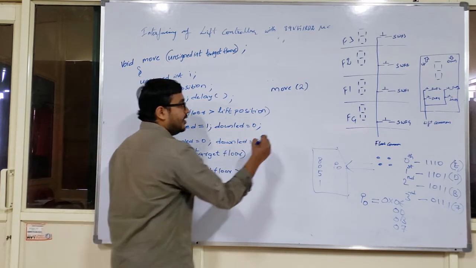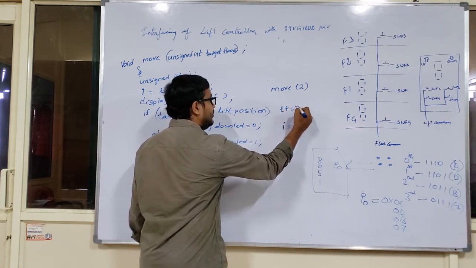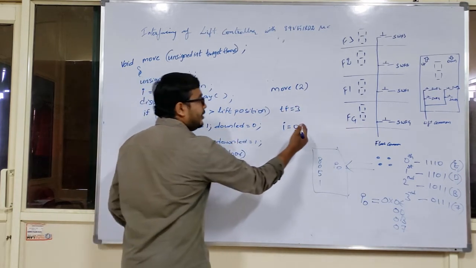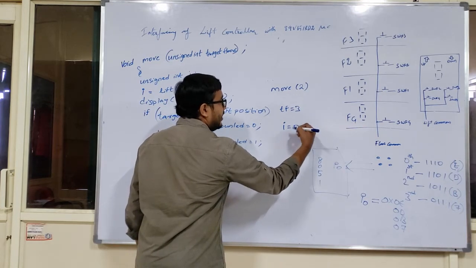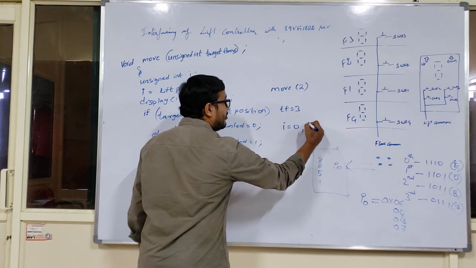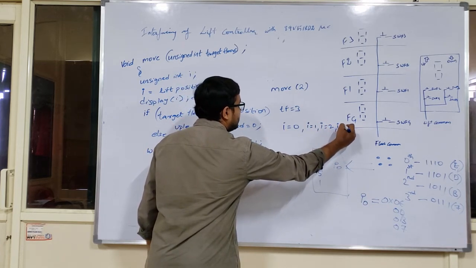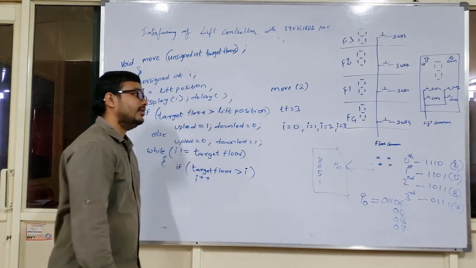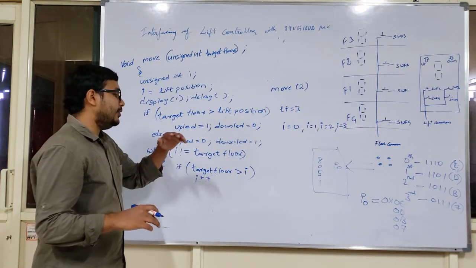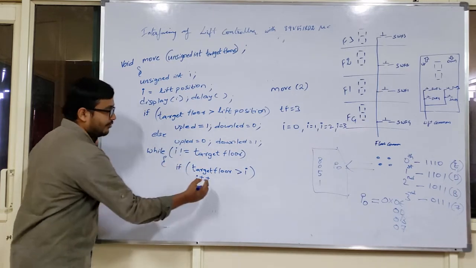That means if my I is equal to 0 and my target floor is equal to 3, the I value will be incremented. At the next instant, the I value will be equal to 1, then 2, and at the next instant the I value will be equal to 3. The value of I will be incremented slowly, one floor by one floor.